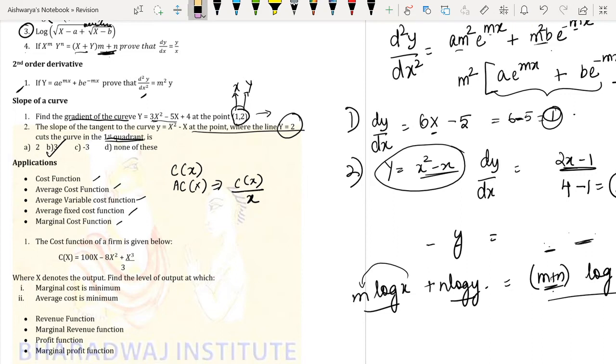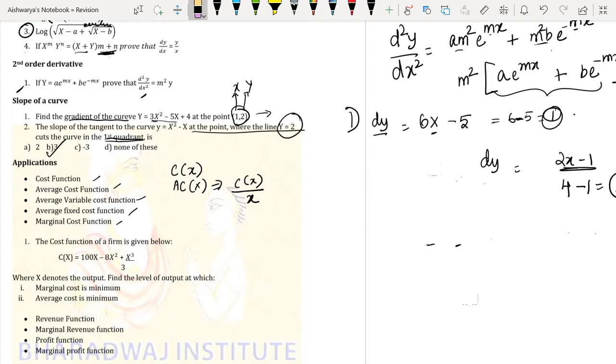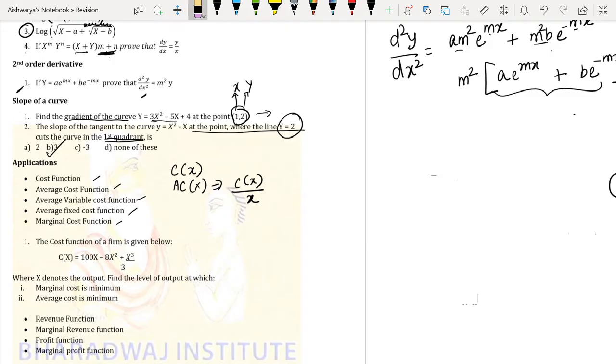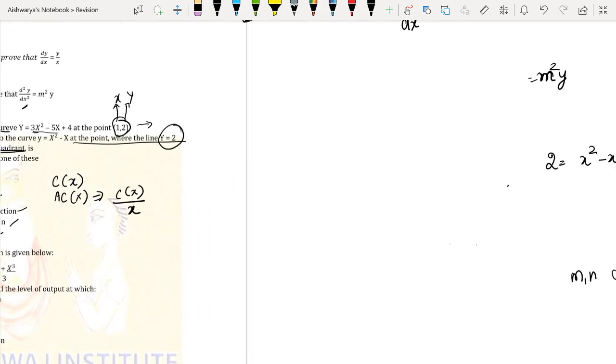Average cost is nothing but the total cost divided by the number of units. Next is average variable cost function, that is your AVC function. AVC function is nothing but the variable cost function, only the variable divided by x, correct? That is how we arrive at the average variable cost function. Now what is your average fixed cost function?